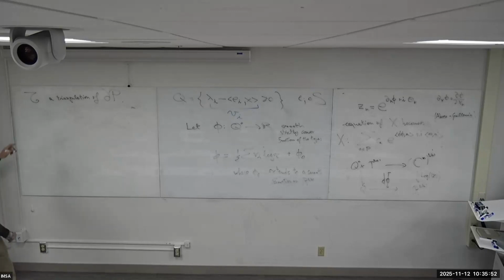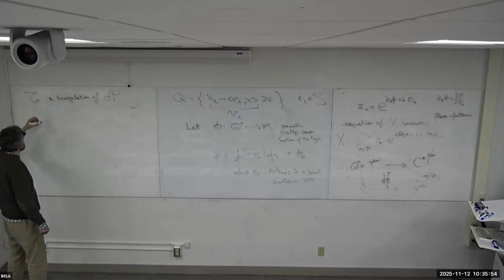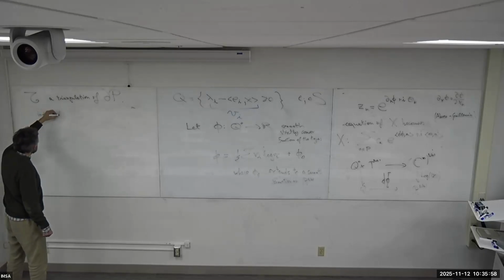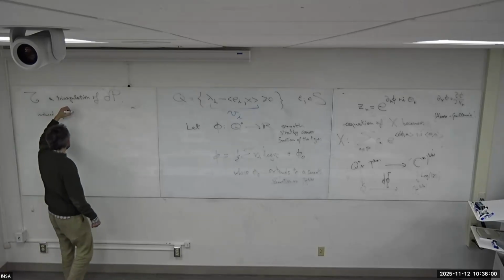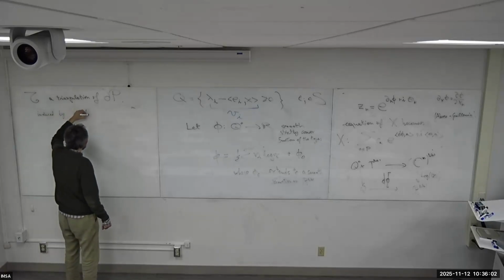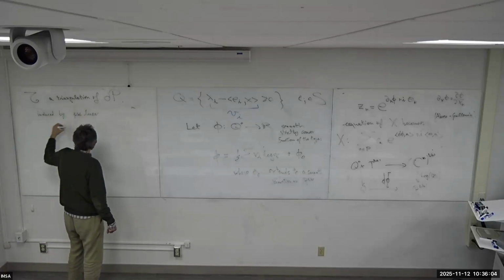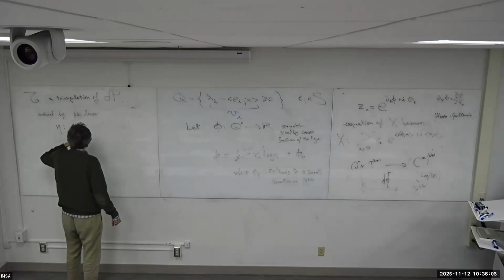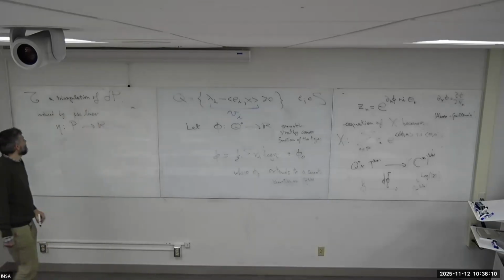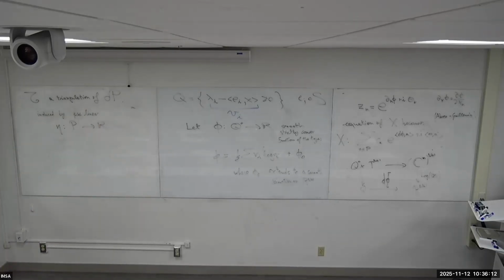And so we assume that this triangulation T is induced by a piecewise linear eta from P to R, which is also integral, as we usually do.